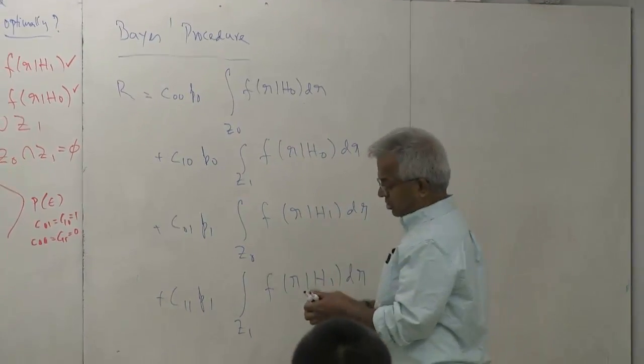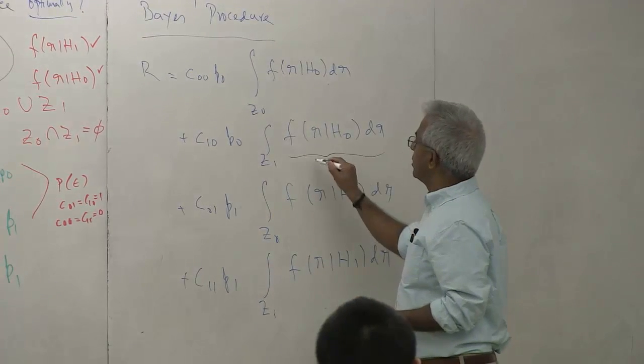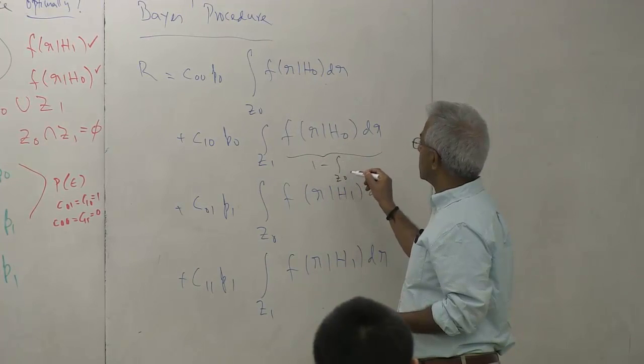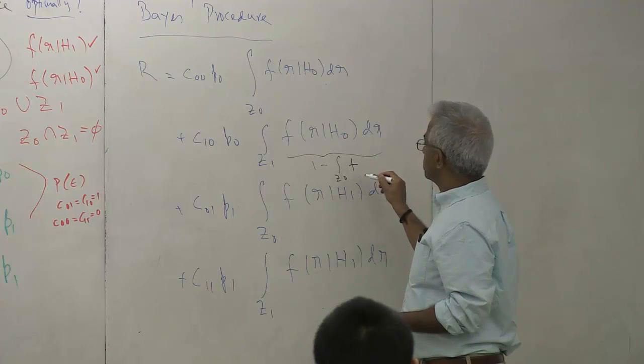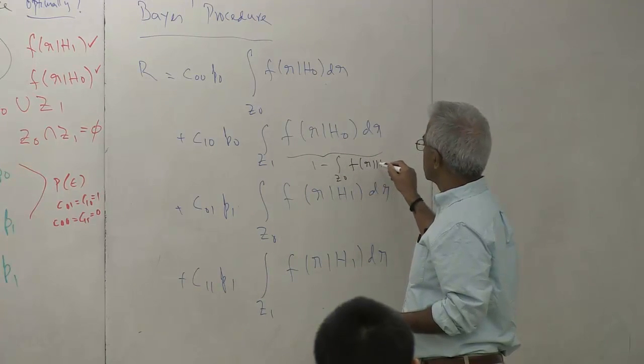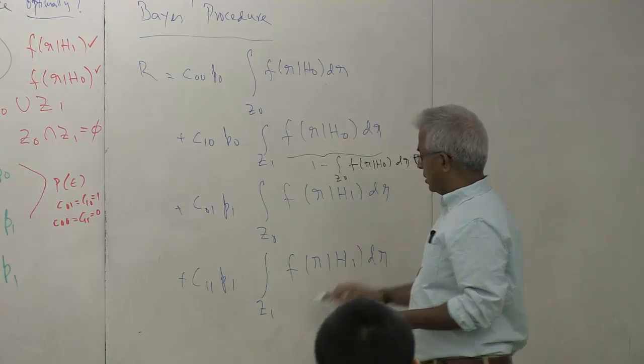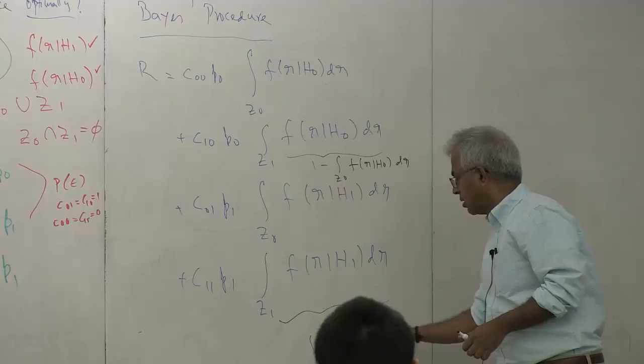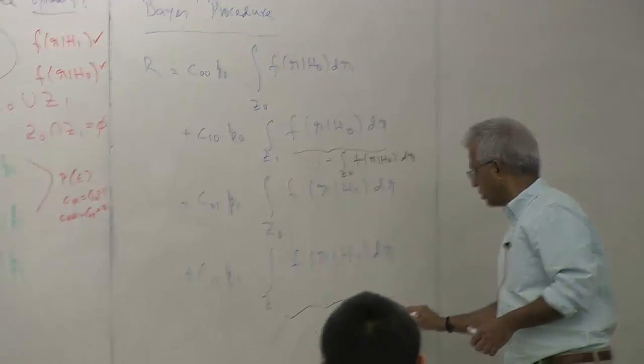So what I'm trying to say is I'm going to write this whole integral as 1 minus the integral over Z0 of f(r|H0) dr, and similarly, this is 1 minus the integral over Z0 of f(r|H1) dr. Same integral, but over the complement region.